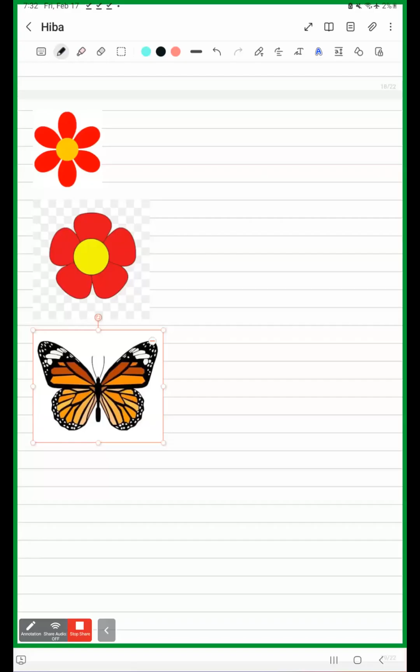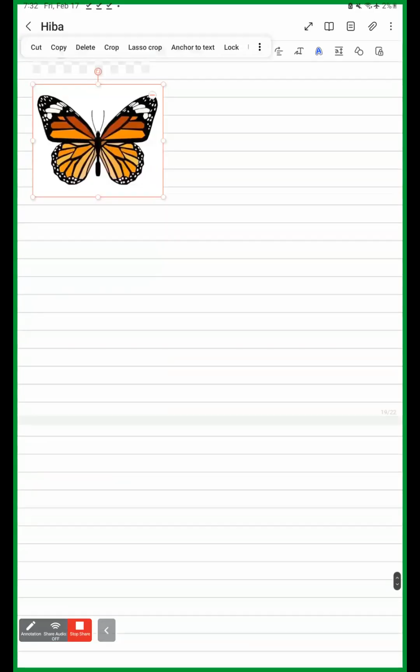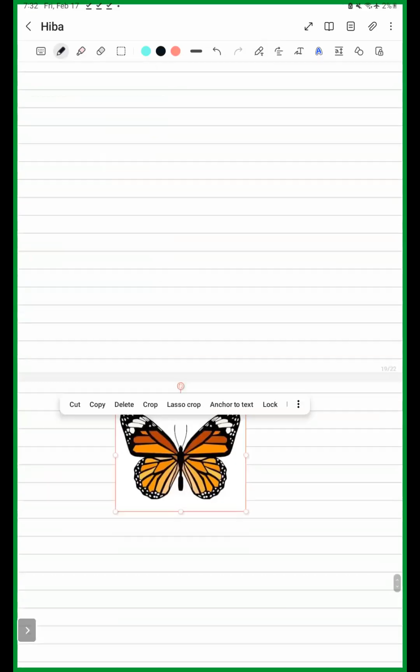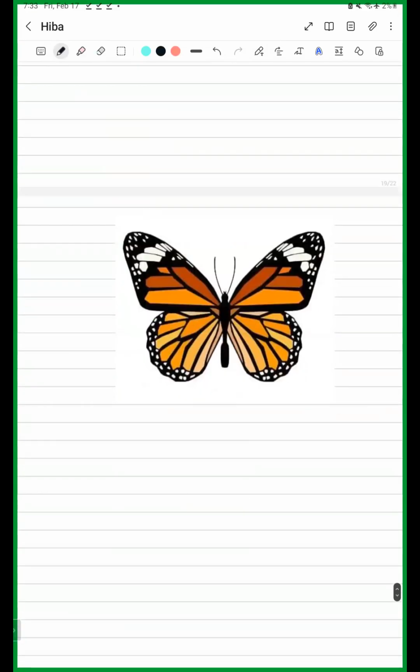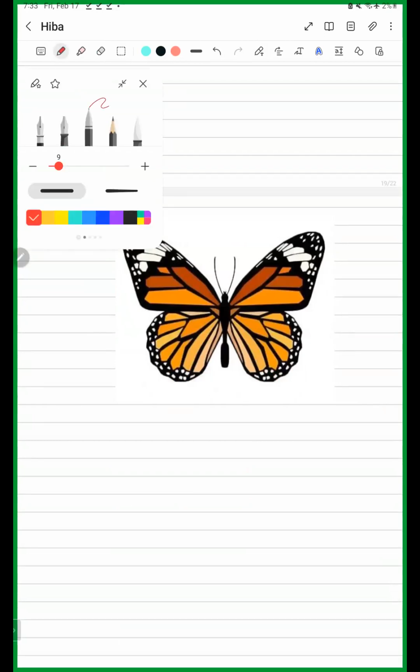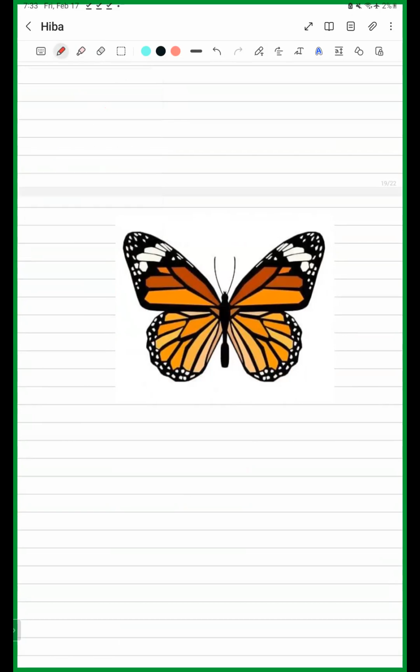So for example, look at this butterfly. It has an axis of symmetry. Axis of symmetry means, first of all, you tell me, in this butterfly do you notice that the left and the right halves are exactly identical?